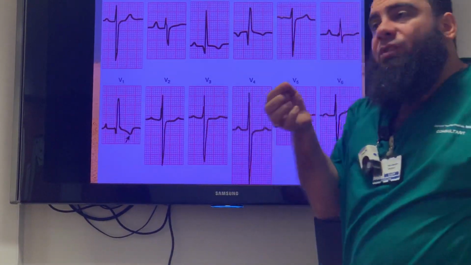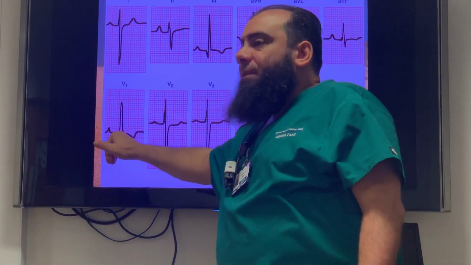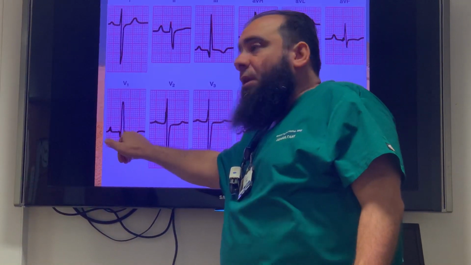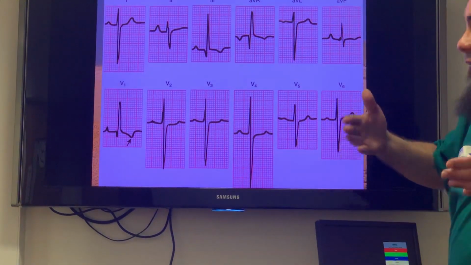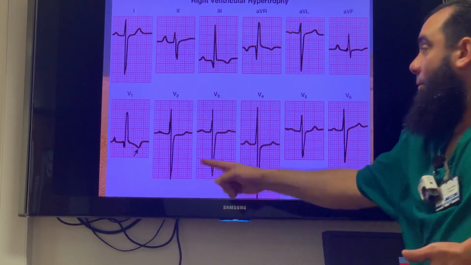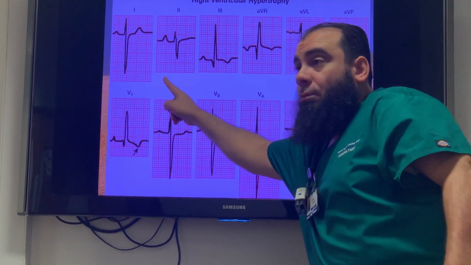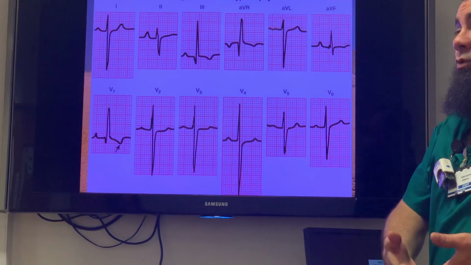What is the characteristic of the strain pattern to be cautious about? The T wave has two limbs, descending and ascending. You will find one of them obtuse and the other acute, and they are not equal to each other. The length is not equal.